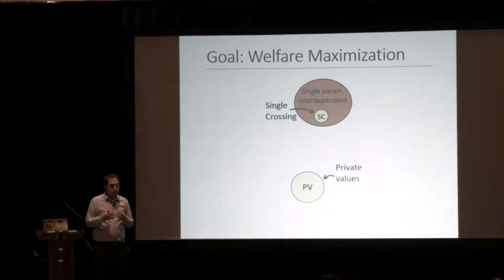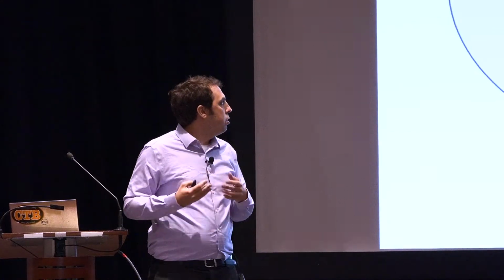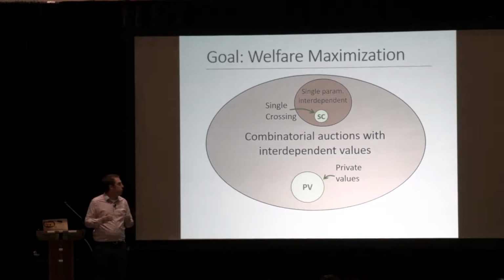And without it, we have some impossibilities, which I also will describe. We can't achieve the optimal allocation. But we want to talk about an even much richer domain of combinatorial auctions with interdependent values. In this setting, unless we have some degenerate cases, we can't achieve the optimal allocation. We don't have nice conditions like single crossing. So we can't implement the optimal allocation.